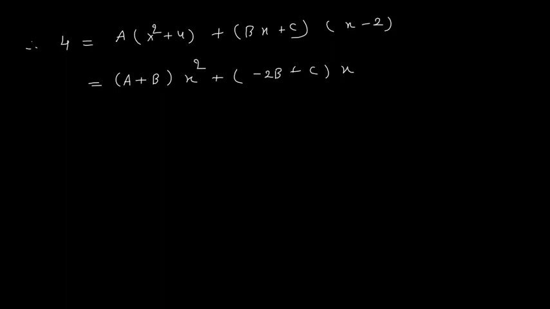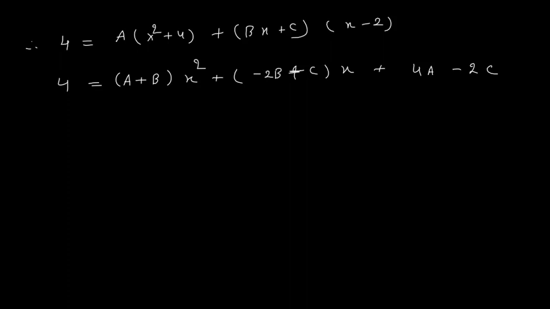This is the coefficient of x. And lastly the constant term: here it is 4a and here it is minus 2c. By doing it this way we have avoided one step, the step of expanding this. Now we can compare the coefficient of x square, coefficient of x and the constant term.